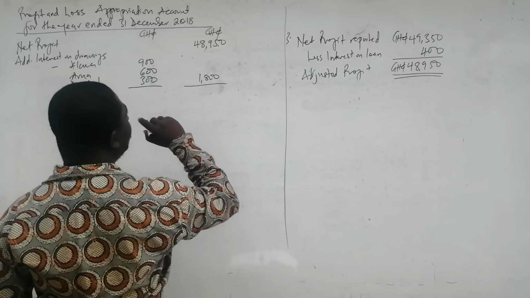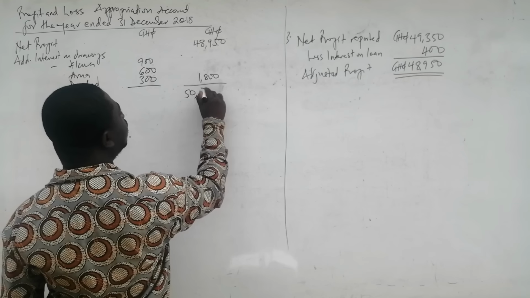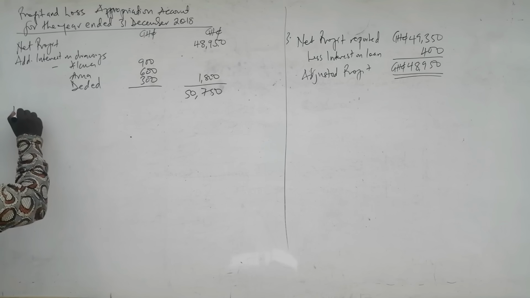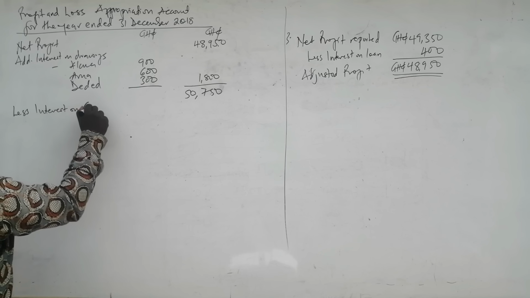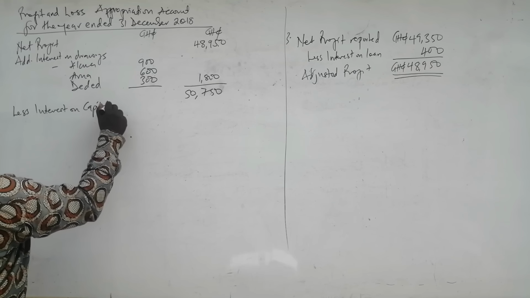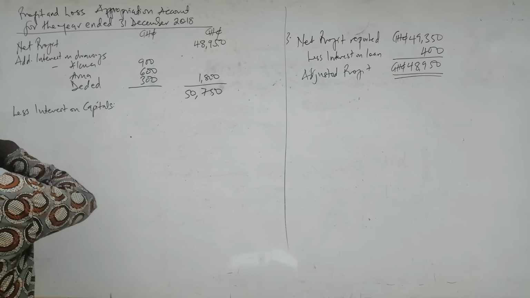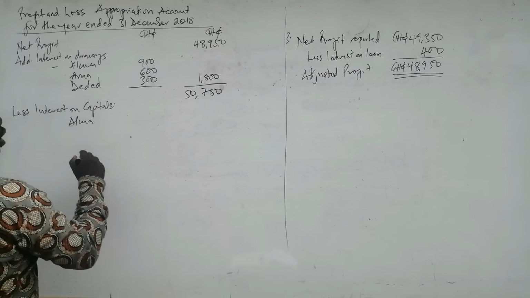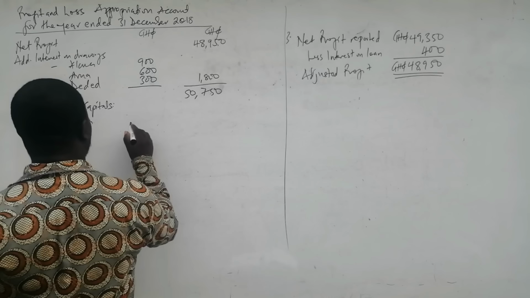And when we add to the profit, we are going to have a total of 50,750. And then we will less our interest on capitals. Very, very simple. So interest on capitals, we less that. And so we are going to have that for Equia, and the interest on capital for Equia was 3,400.